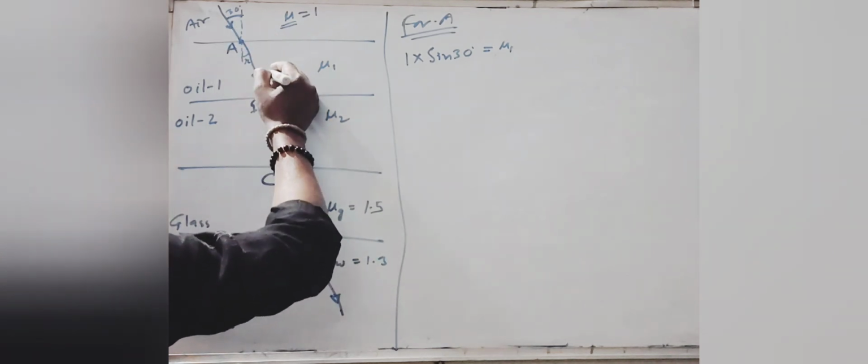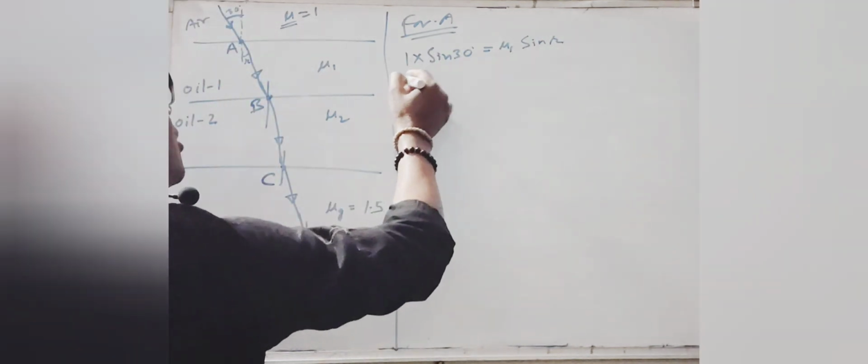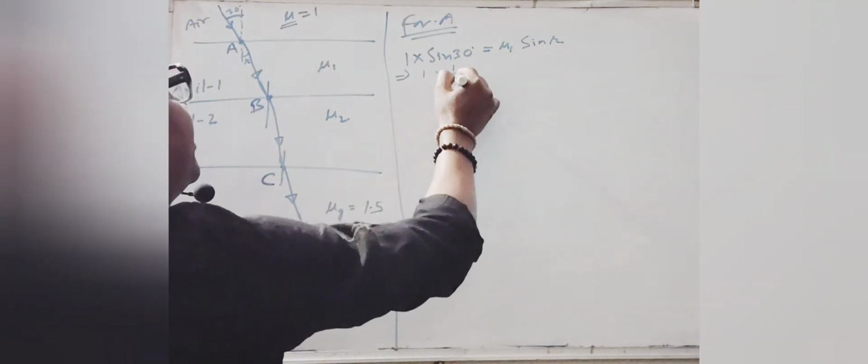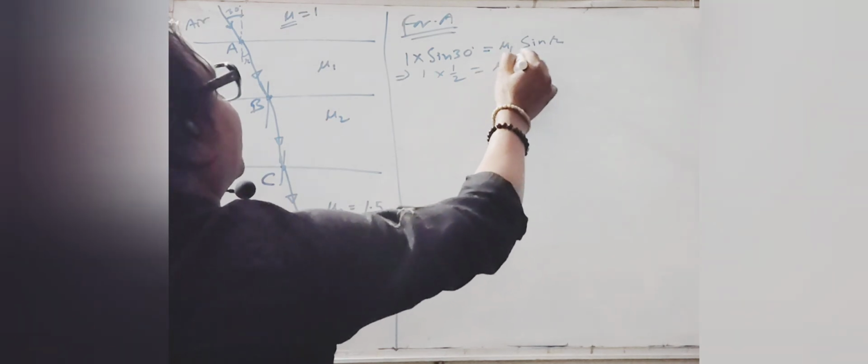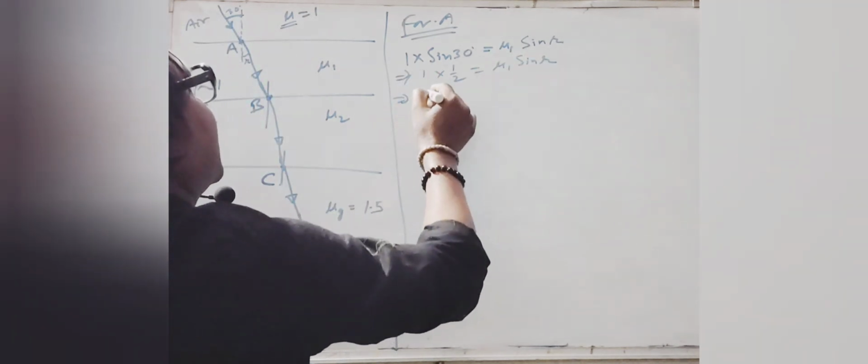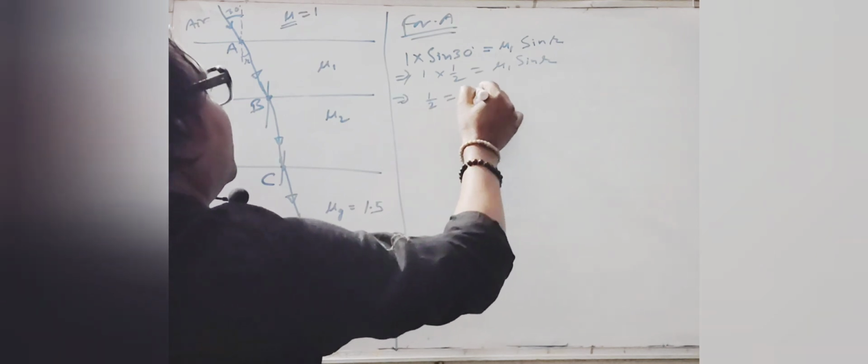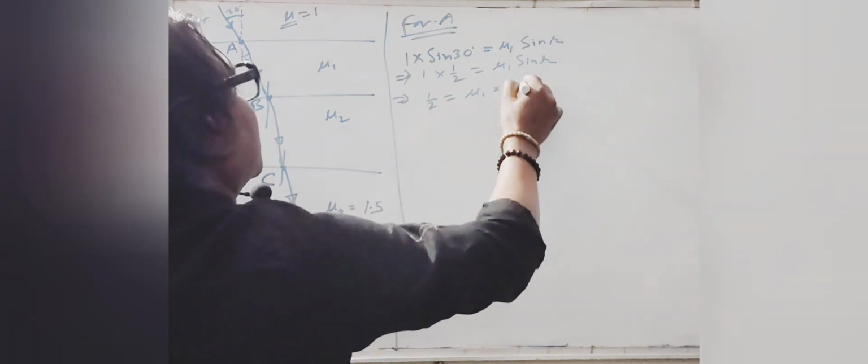Now it is 1 into 1/2 equals mu1 into sine r. That is, 1/2 equals mu1 into sine r. So this is one equation here.